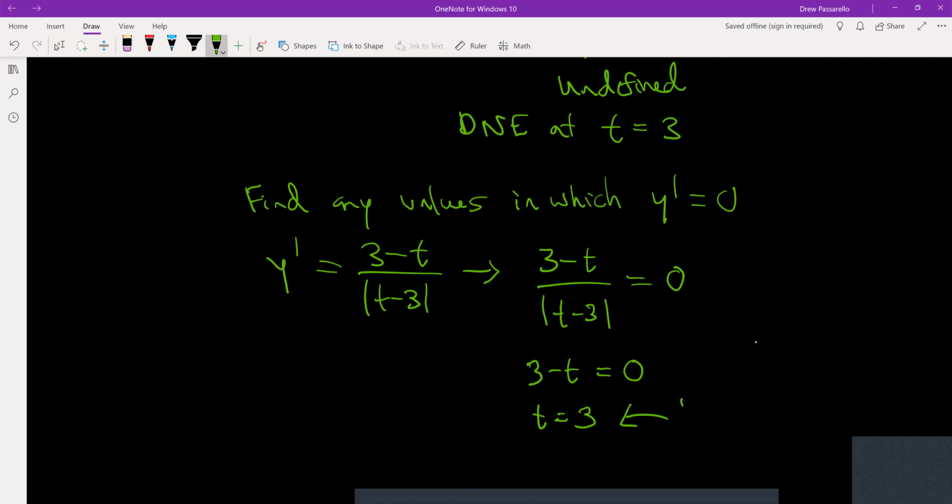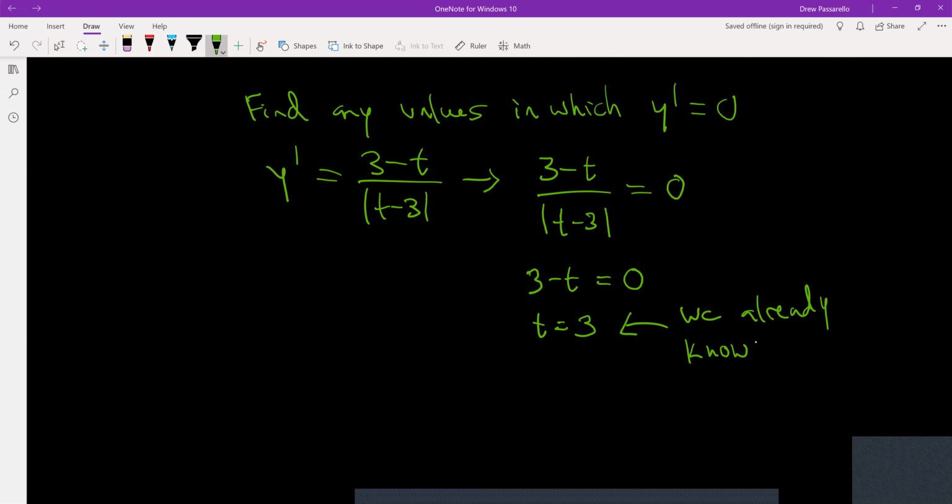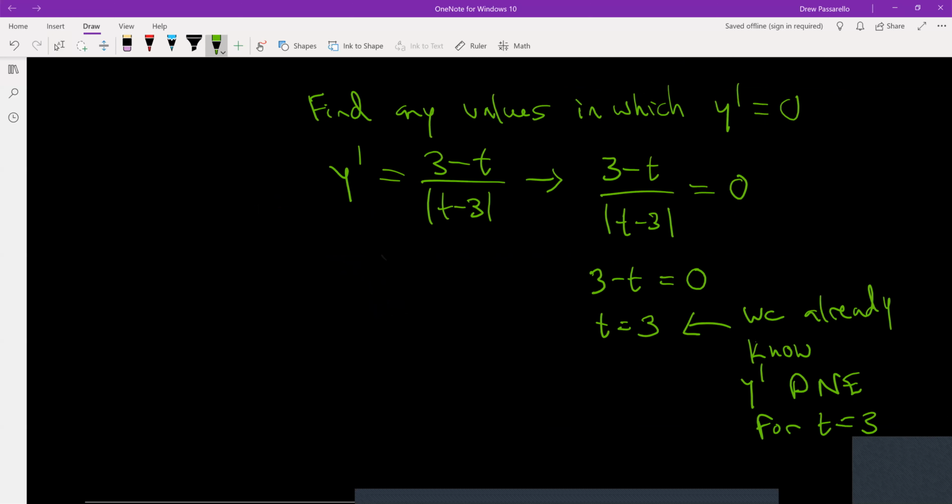So y prime does not exist for t equals 3. All right, so the critical number is 3.